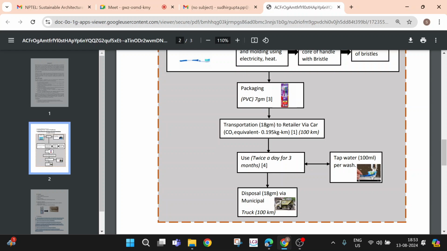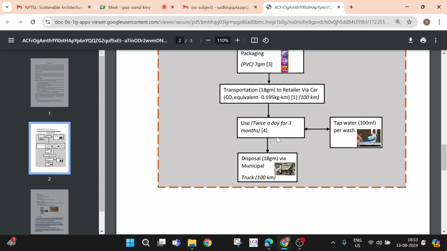Then you will find the CO2 equivalent when traveling per kilometer with this car. It comes out to be 0.195 kg per kilometer, so the CO2 emissions will be around 0.195 kg for 1 kilometer of movement of the car.